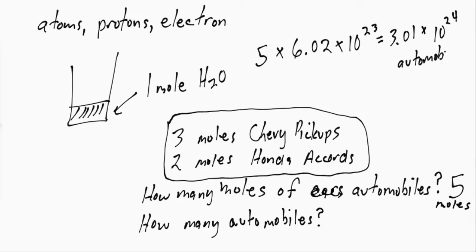Now, you might think, okay, well, this is really easy, and good. It should be pretty easy, but here's where people get confused. They get confused if I'm talking about moles of automobiles versus just automobiles. Let me give you one more example, and we'll use real elements now.